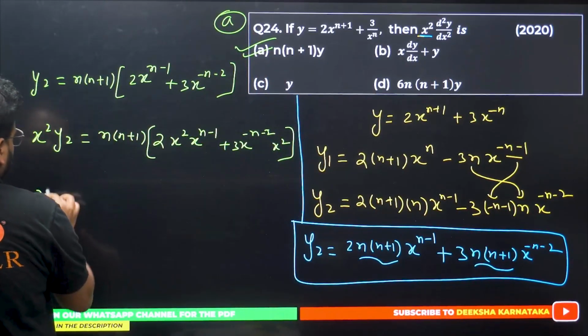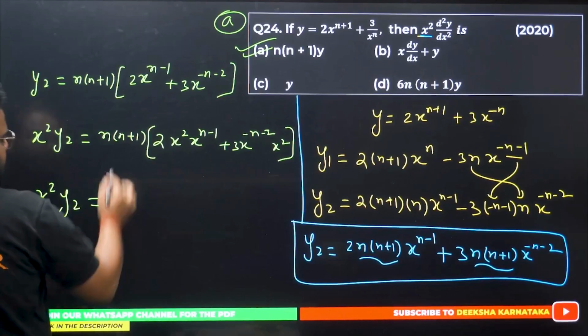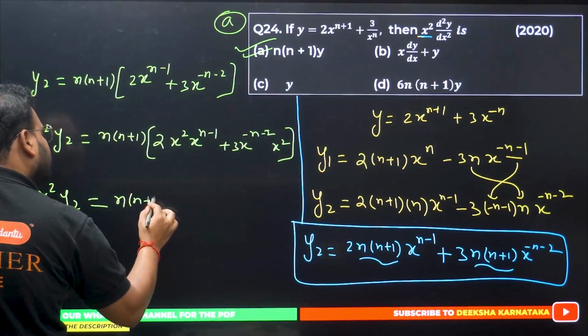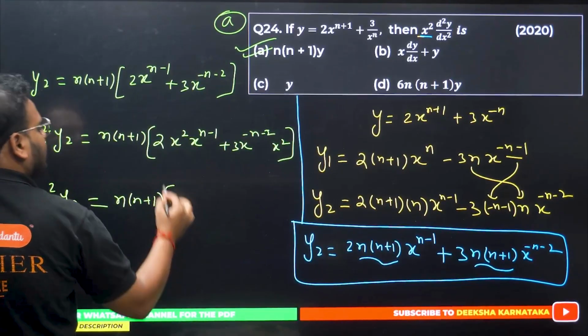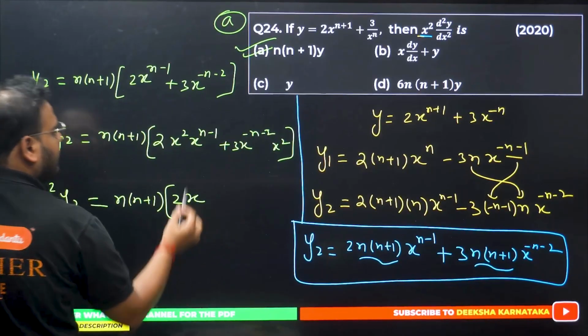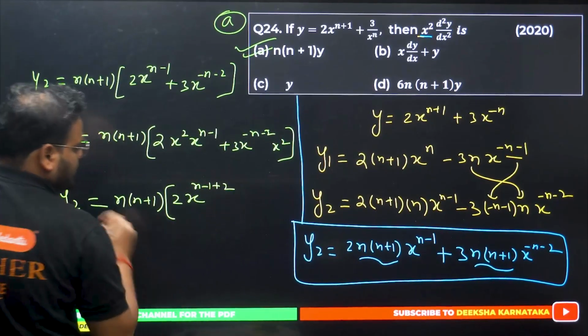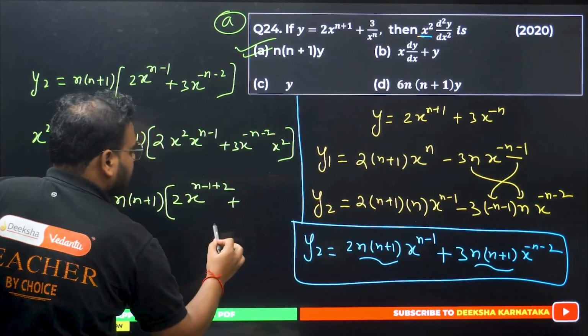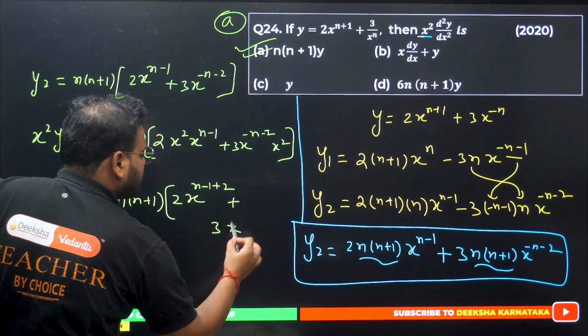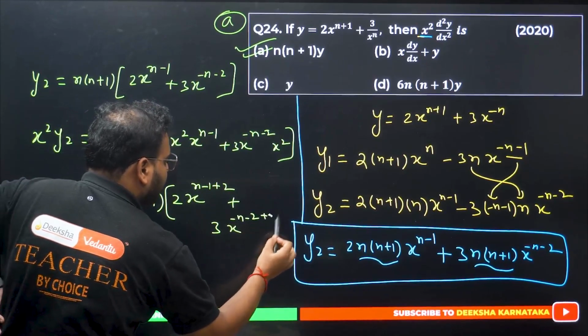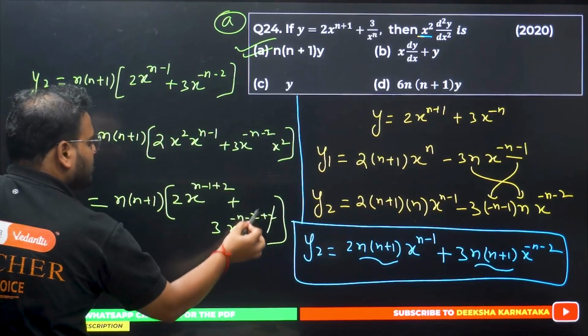Check this out. x square y2, n times (n plus 1) is there, of course. We have the same base, so the powers have to be added: I get n minus 1 plus 2. Here comes a plus sign, same thing, same base, powers added: minus n minus 2 plus 2. Check this out. Minus 2 plus 2 gets cancelled.